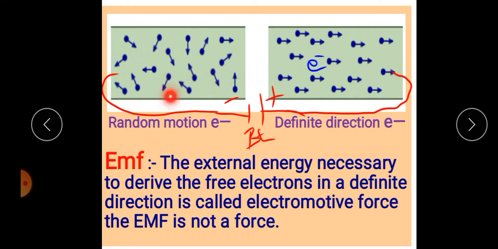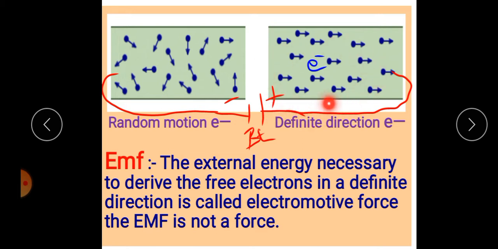Are you clear? Okay. Now, when a potential difference is applied by the battery across the ends of the conductor, the free electrons drift toward the positive terminal and produce a net electric current.